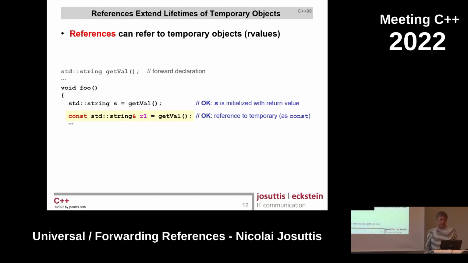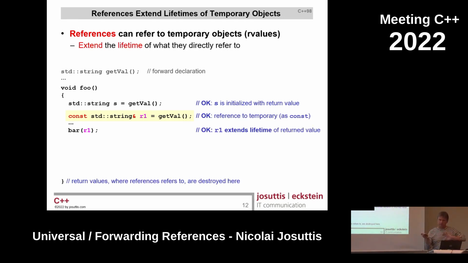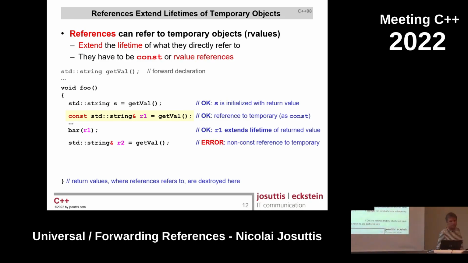But here we extend the lifetime. And to say one thing here is, we only extend the lifetime of what the reference refers to, not anything that is indirectly referred. So we can then use the object without the need to really initialize an object, which might be a move or copy depending on the exact C++ version you use and whether things are optimized away and so on. You cannot bind a non-const reference to a temporary object.